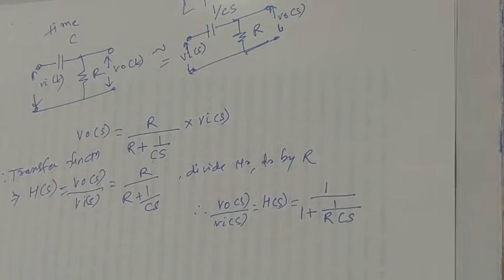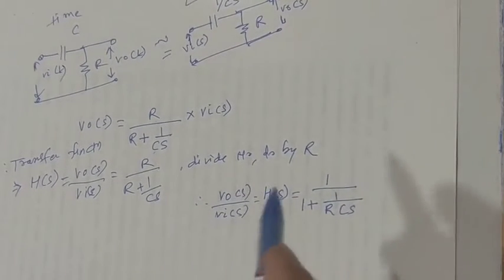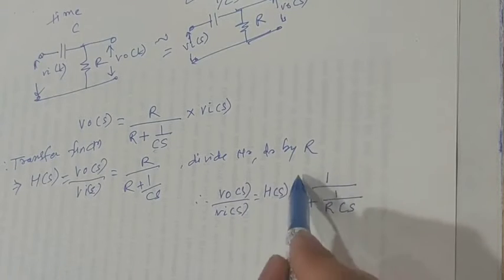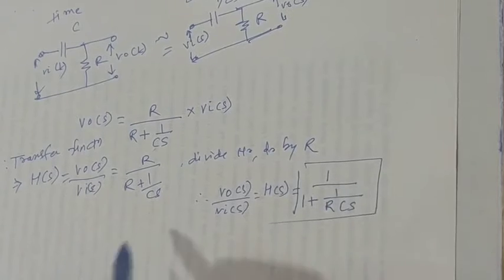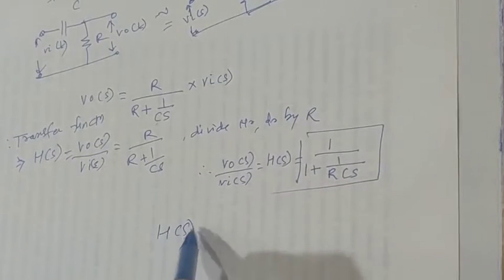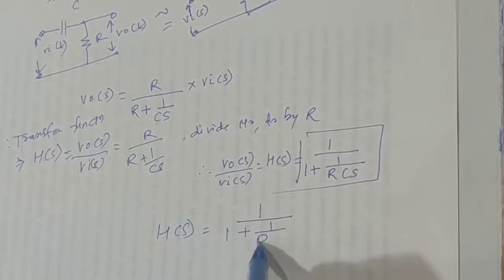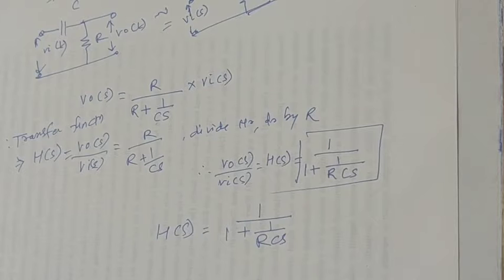Now we could also multiply numerator and denominator by S if we want, but otherwise this is also okay for us. So remember, the transfer function of high pass circuit comes out to be 1 upon 1 plus 1 by RCs. This is the transfer function of the high pass circuit.